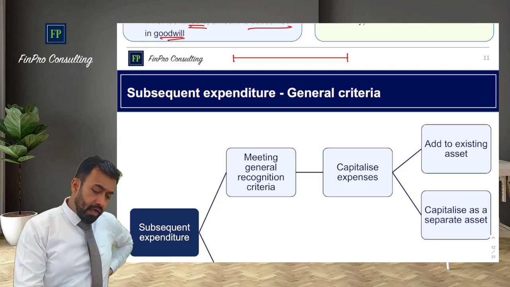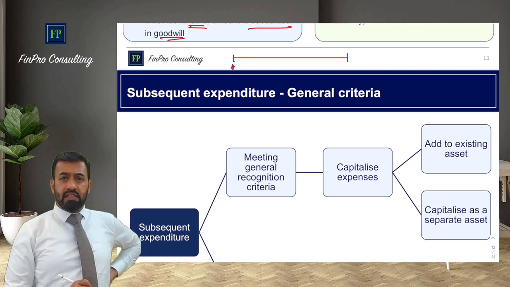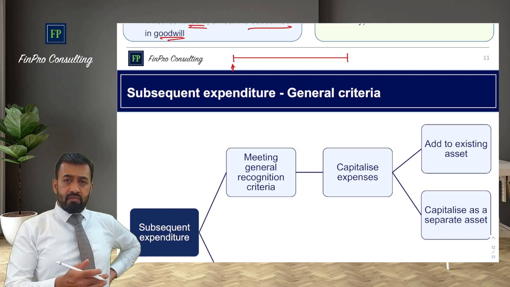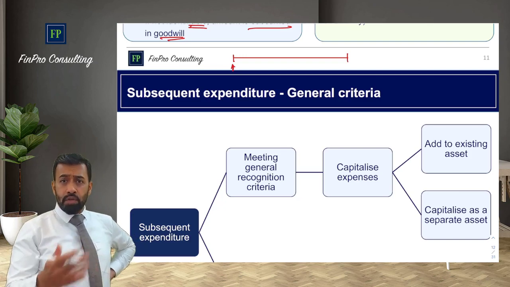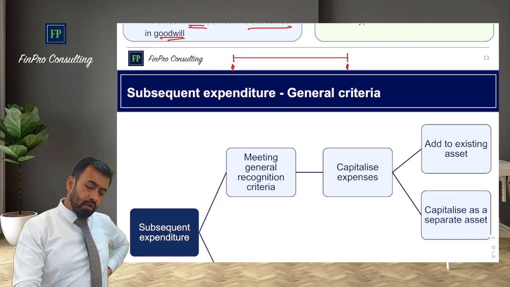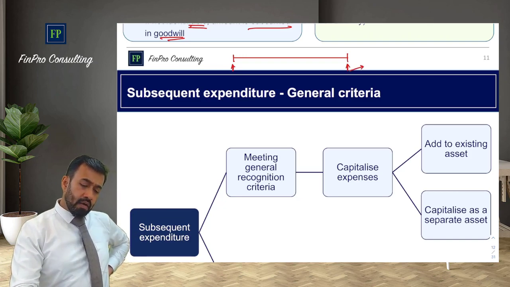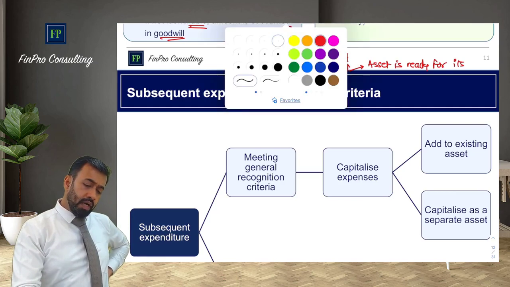So let's say entities start construction of the asset at this point of time, or they start a process to acquire that asset, install it, commission it, and this is the point of time where the asset is ready for its intended use.